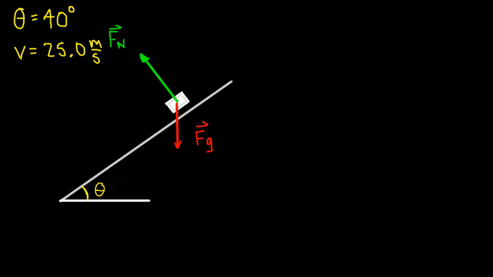Now, what makes sense at this point is to resolve that normal force into a vertical component, a component that's parallel to FG, and a horizontal component that points to the center of the cone, or towards the axis, or at right angles to the axis of the cone. And those would look like this.